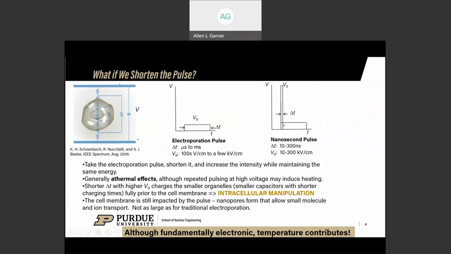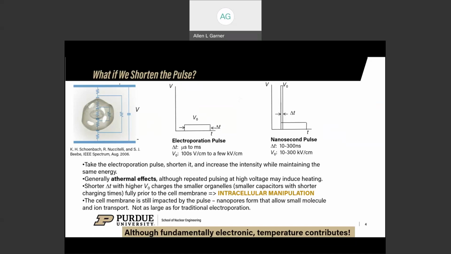So instead of applying it over this long period of time, you apply a stronger voltage with a shorter duration, and you're now applying 10 to 300 nanoseconds, 10 to 300 kilovolts per centimeter. So the idea here is that you're not fully charging this outer membrane, although you will certainly still have a membrane level effect, but you're preferentially targeting these intracellular structures.